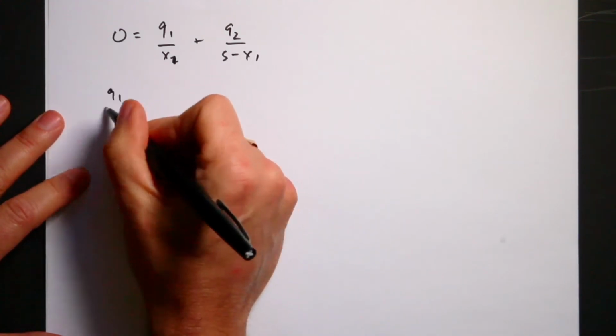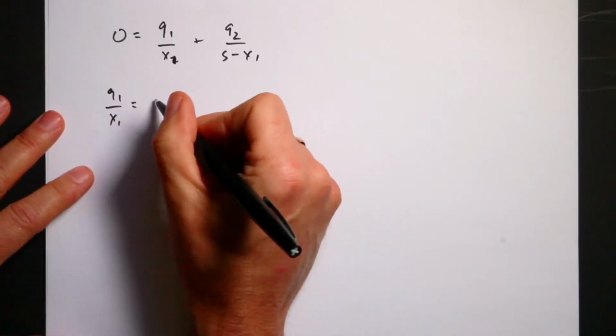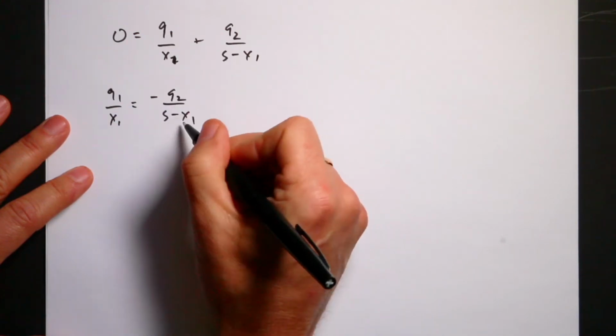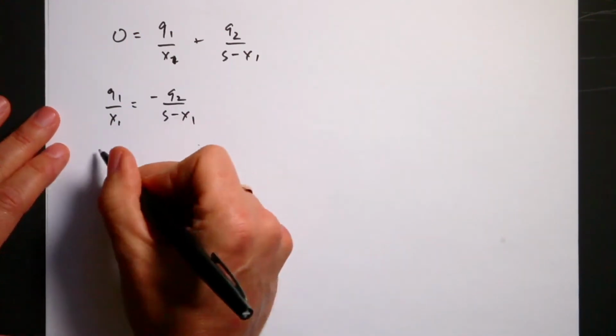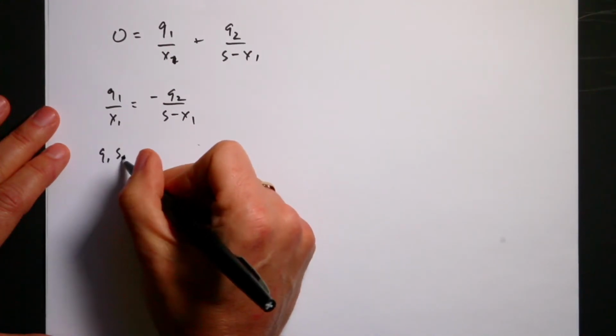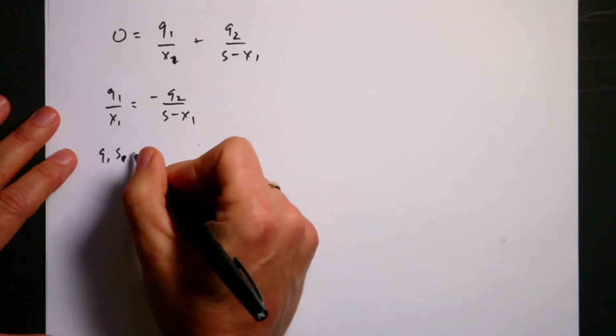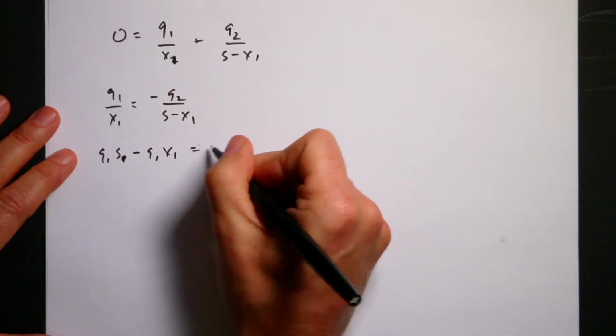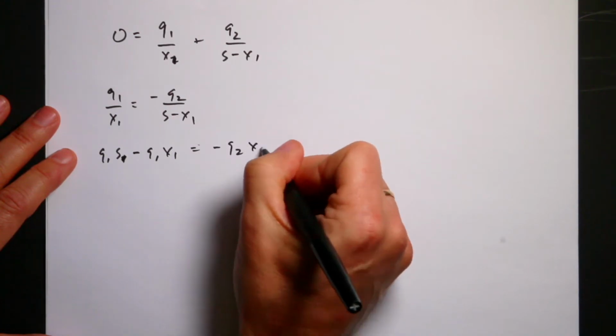So q1 over x1 equals negative q2 over s minus x1. Now I'm going to cross multiply. I just did it too fast. I get q1s minus q1 x1 equals negative q2 x1.